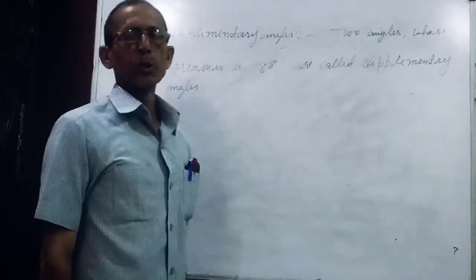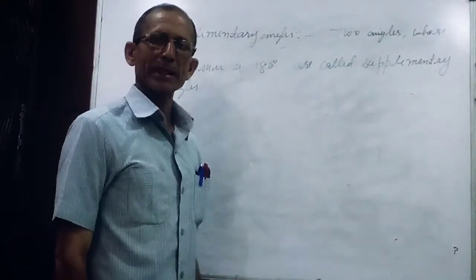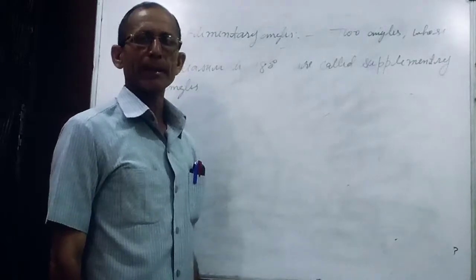If the measure of two angles is 180 degrees, they are called supplementary angles.